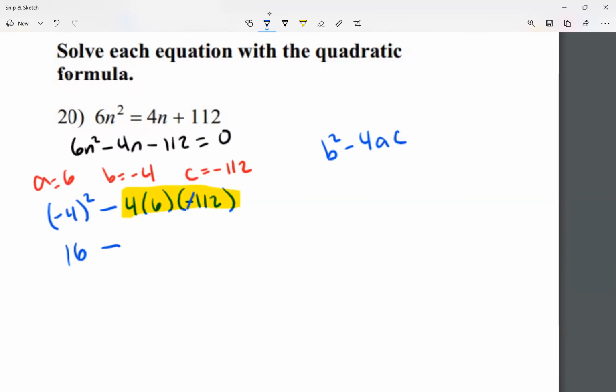The negative sign comes to the front, so I have a plus sign instead. Now 4 times 6 times 112, my answer is 2,688. Plus 16 is 2,704. All right, that's my discriminant.